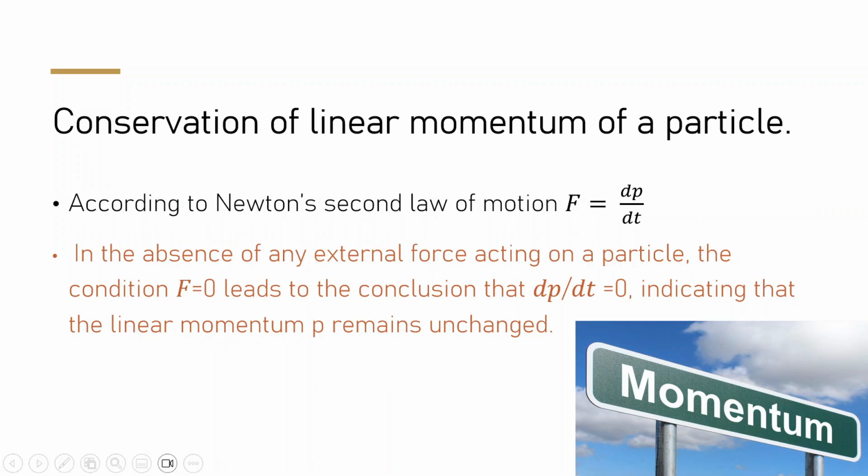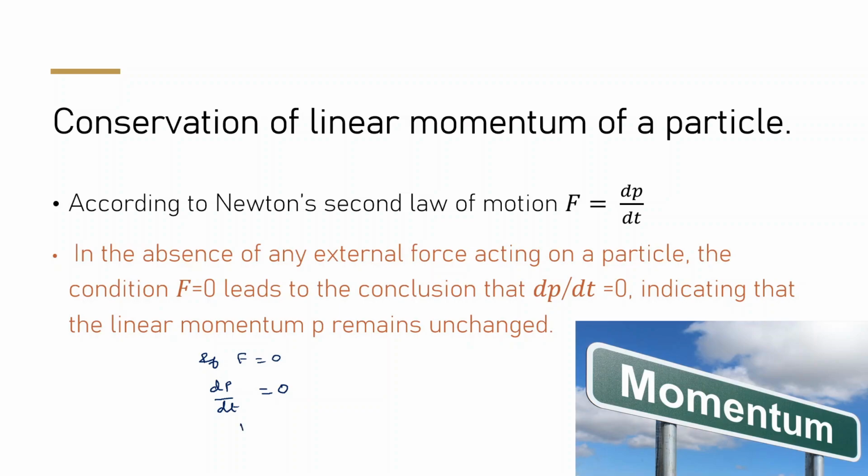Now we have to talk about consideration of linear momentum of a particle. As usual, according to Newton's second law of motion, F is equal to dp by dt. Suppose force acting on the particle is 0. If F is equal to 0, that is no force is acting on the particle, then dp by dt equal to 0.